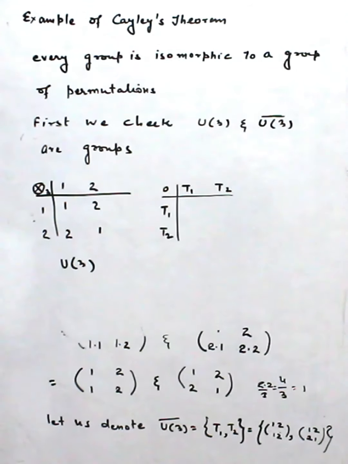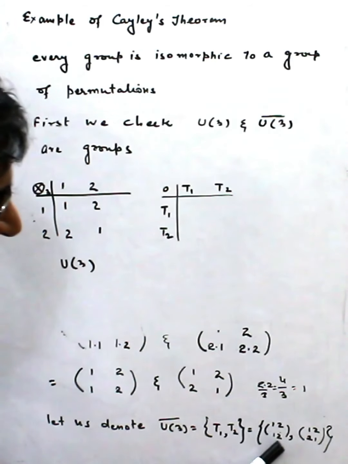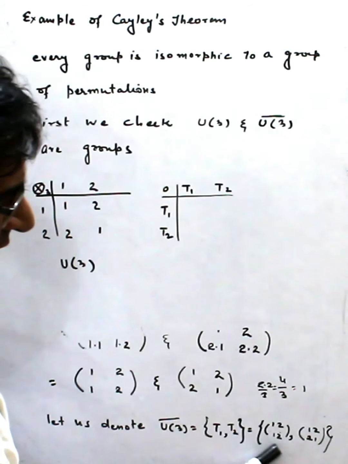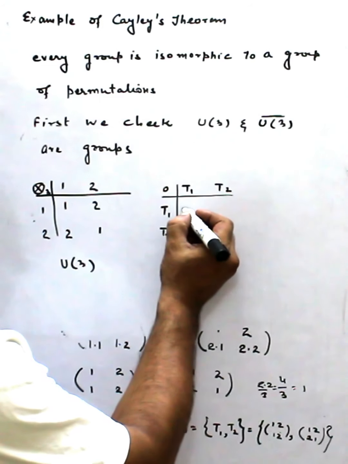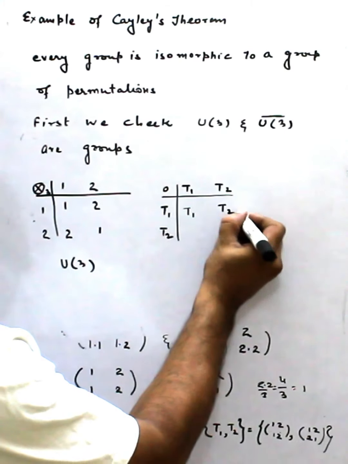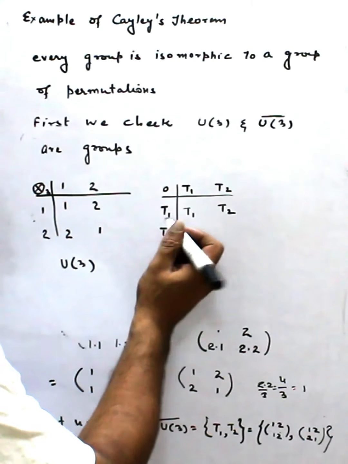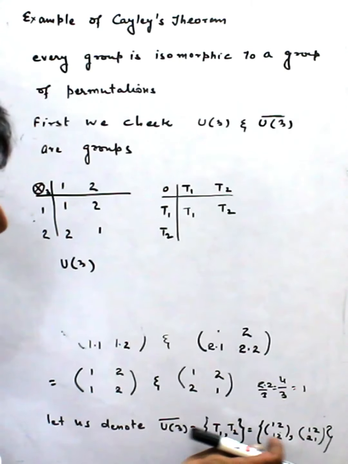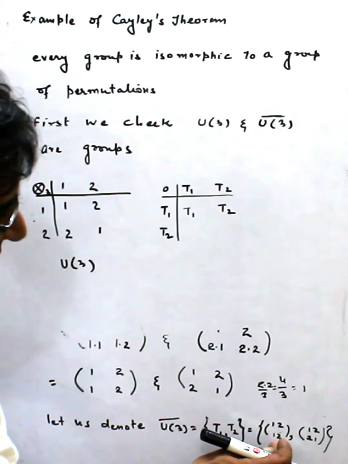Now we multiply. Very simple, we can say, if I multiply by this identity, because this is the identity element, it is obviously T1 and this is T2. And what is T2 T1?